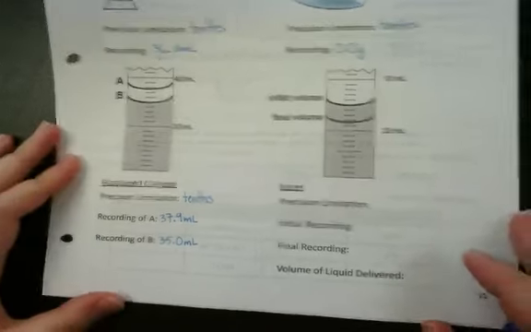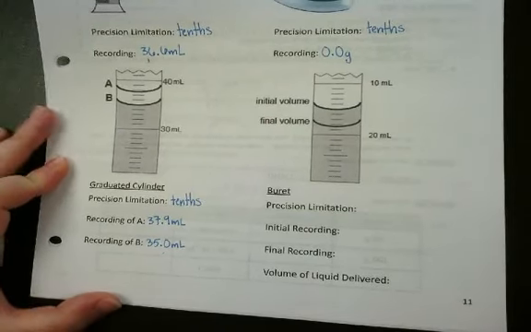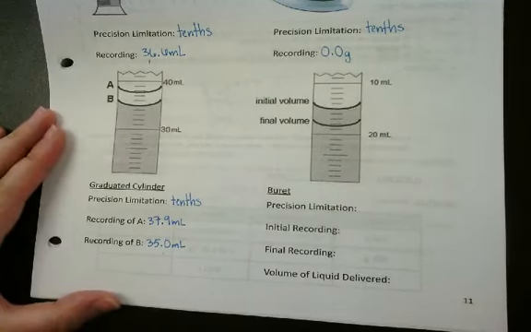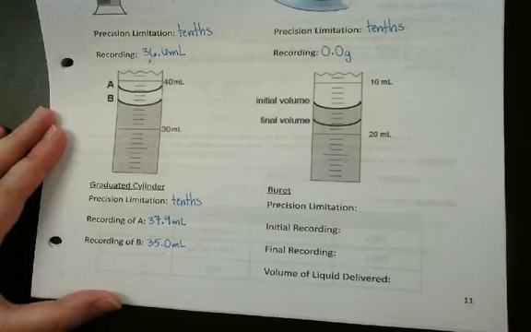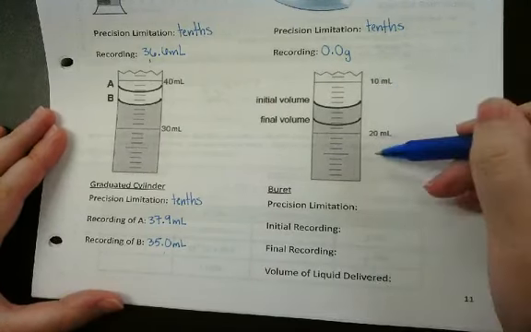Okay, so if you remember when we were going over equipment last class, we were talking about how burettes are a little different than graduated cylinders. So burettes go backwards. It's not necessarily that we read them backwards, it's that the numbers are written backwards.